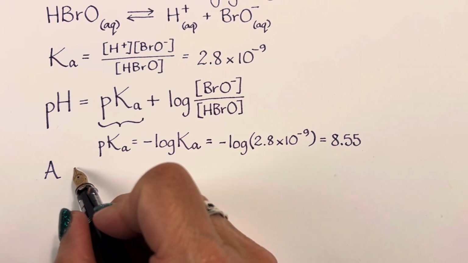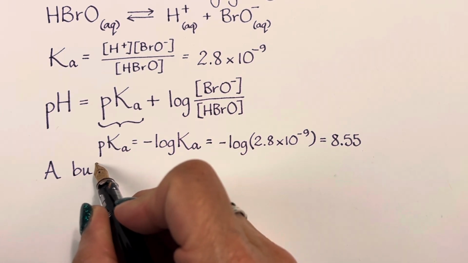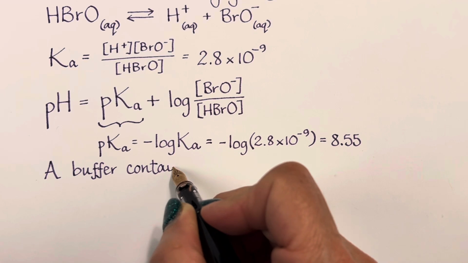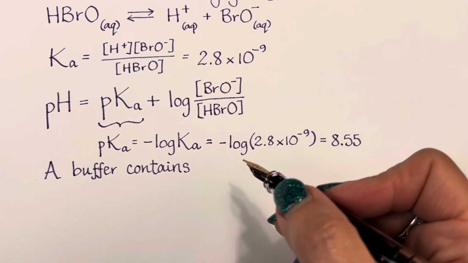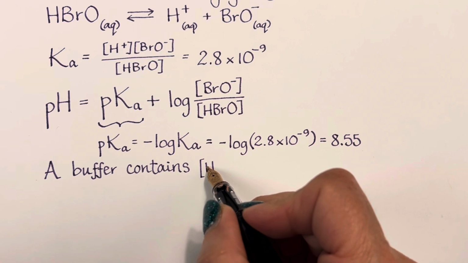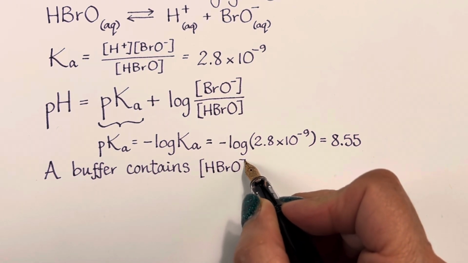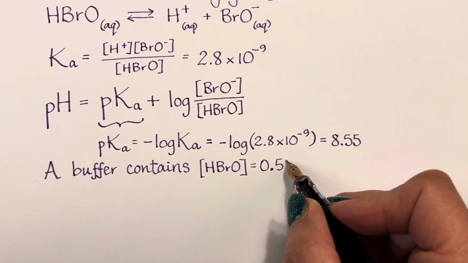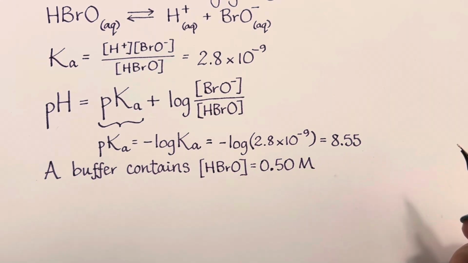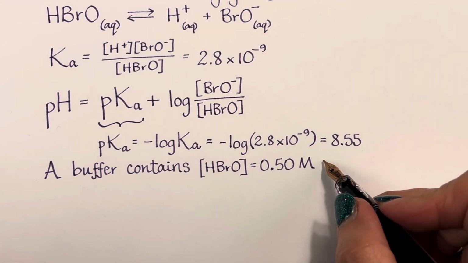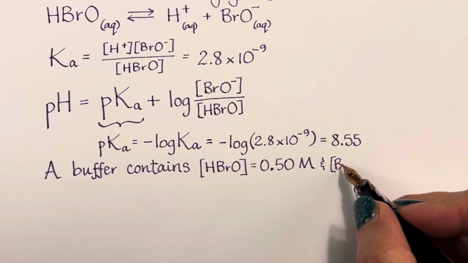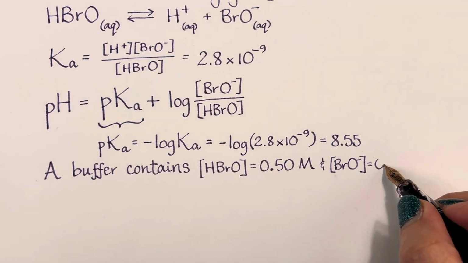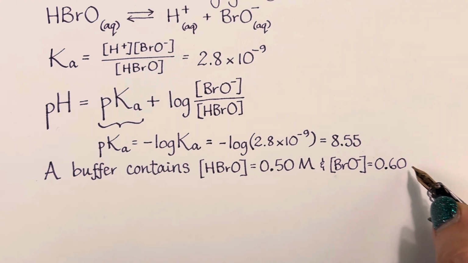A buffer contains, because this is an aqueous solution, a concentration of HBrO of 0.50 molar, and its conjugate base is 0.60 molar.